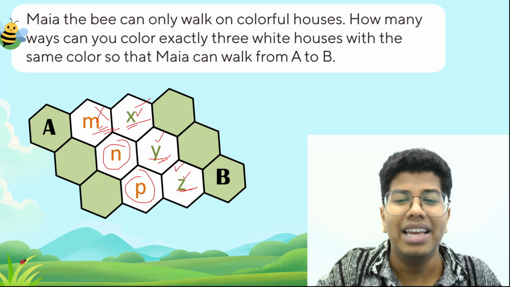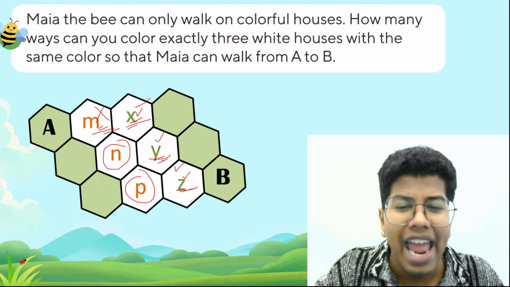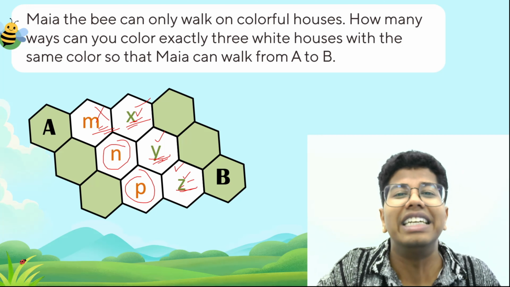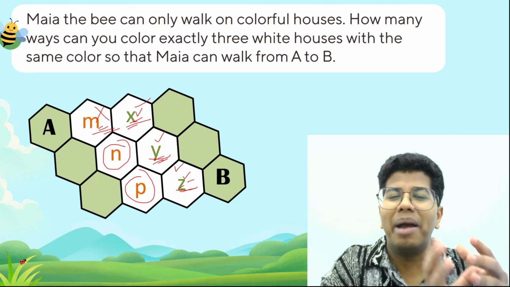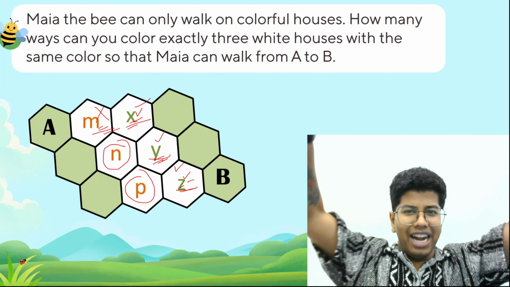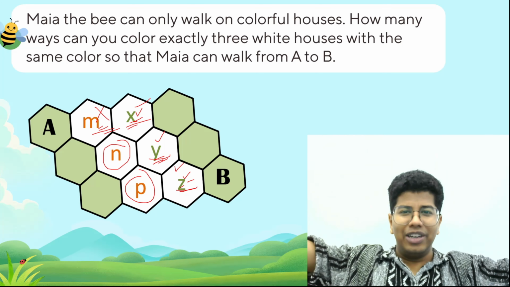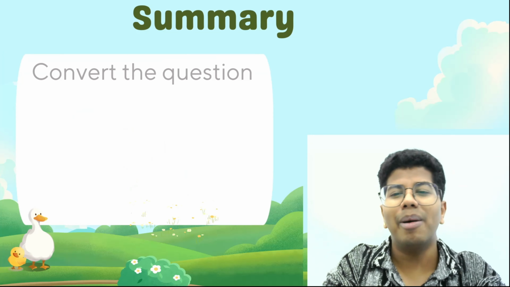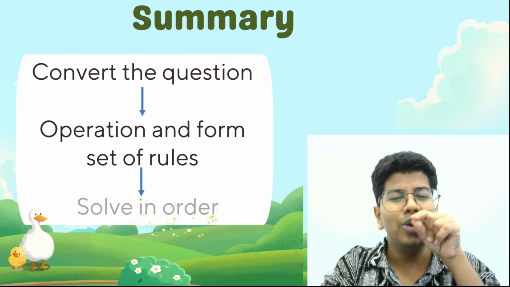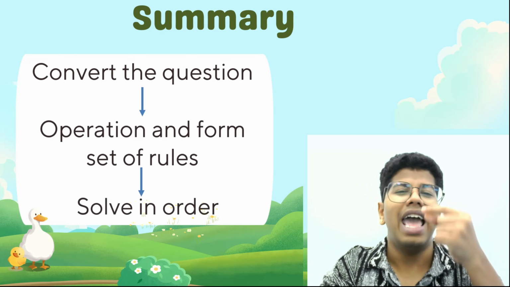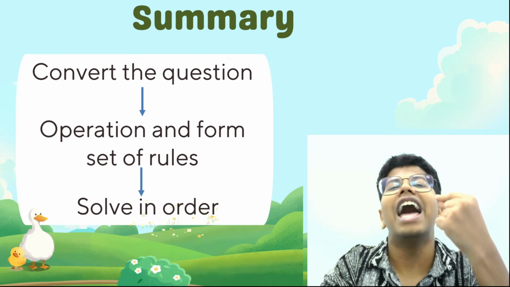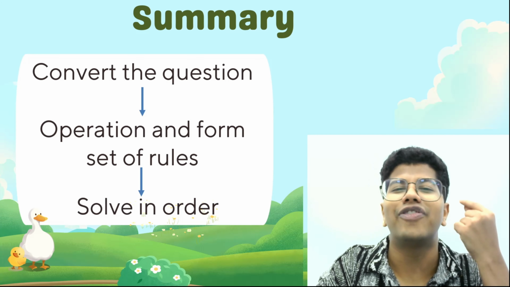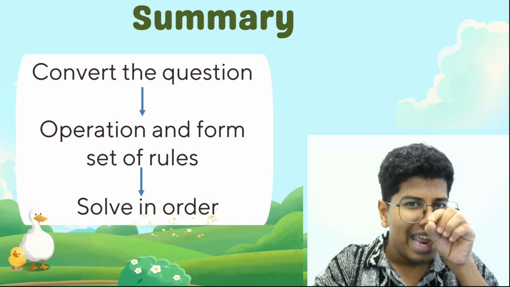Then P, then X, Y first, X, Z later and Y, Z later. And this is what I am telling you regarding the order. You can start off from the top, divide it into cases and just follow an order. So the summary is, convert the question into operations and a set of rules and then solve it in an order. This is a thinking process for counting problems.